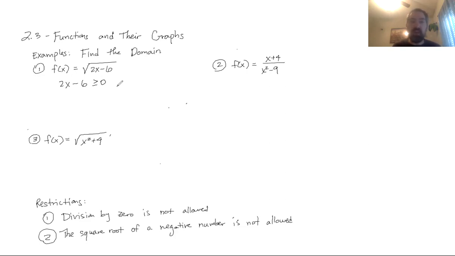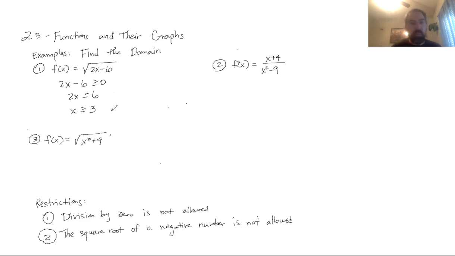Then we can solve this inequality by adding 6 to both sides, and then dividing both sides by 2. So 6 divided by 2 is 3. So x greater than or equal to 3 would be all of the x values that I can plug into this function, and it would result in a real valued output, a real valued range.